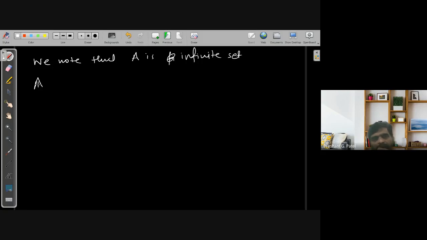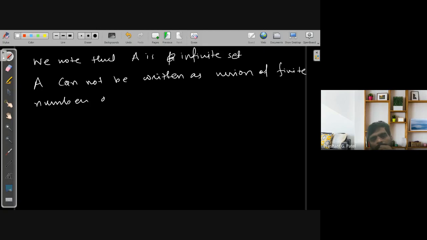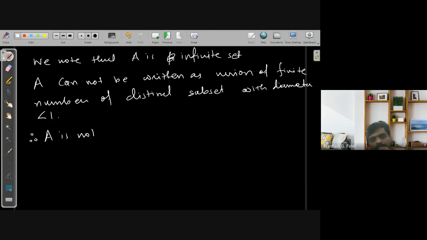And hence this A cannot be covered, or cannot be written as a union of a finite number of distinct subsets with the diameter less than 1.